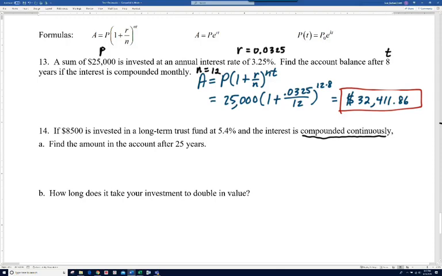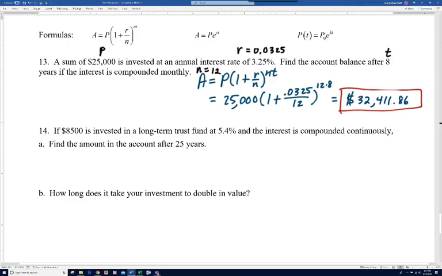For continuous interest, we use what I call the Pert formula. That's this one here. But you could also use this one. It's actually very similar. Instead of calling it an interest rate R, it's K, which is a growth rate. It works pretty much the same way, so you really could use either formula.